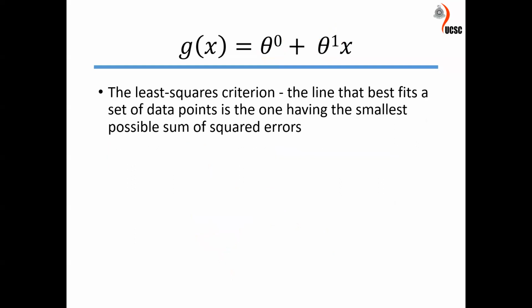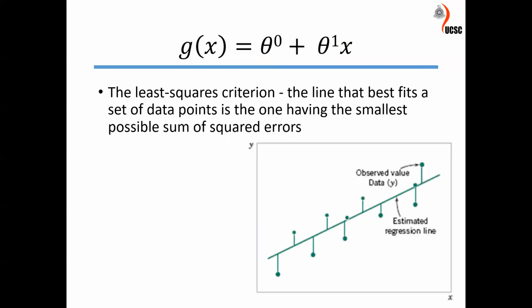So if we draw a line for a set of data, you can see there is an error. We can call it E1. This is the difference between our hypothesis value and the actual value.